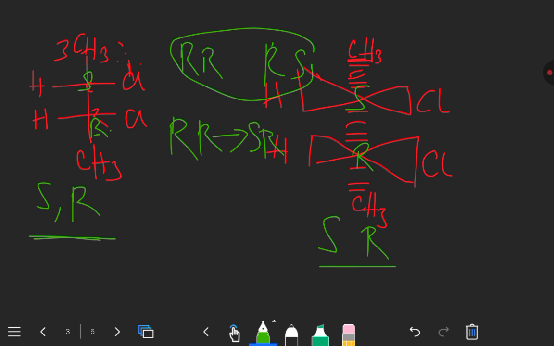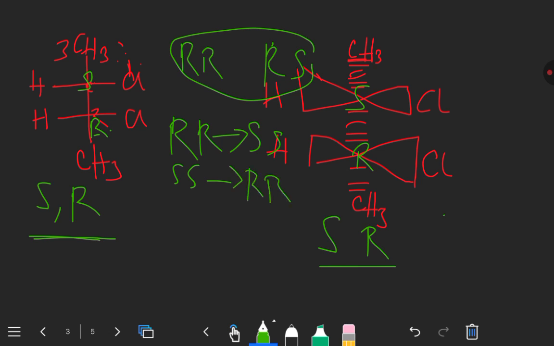If you have mirror images, we said the configuration should be opposite. If you have something like RR, then it changes to SS, or maybe you had SS, then it changes to RR.